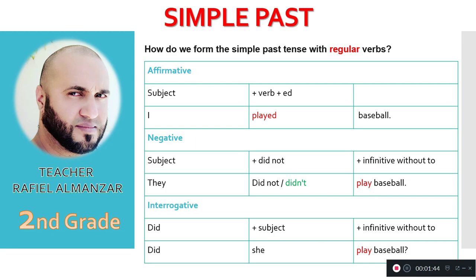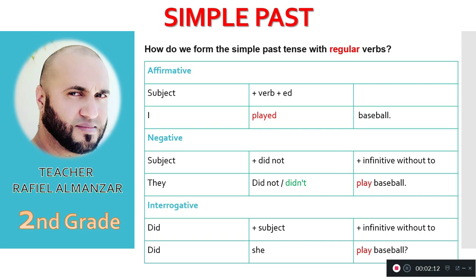In a negative sentence, I write the subject plus did not as an auxiliary verb plus the infinitive without to. For example, they did not or didn't in the short form plus the verb play and the rest of the sentence.